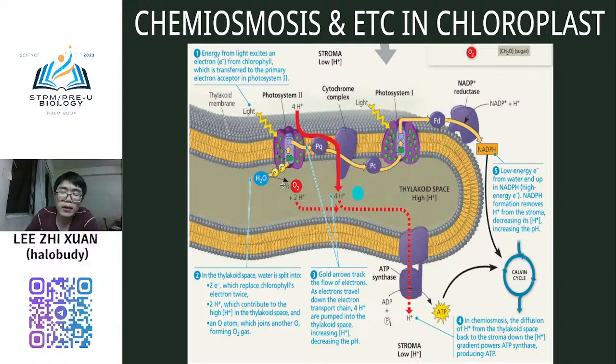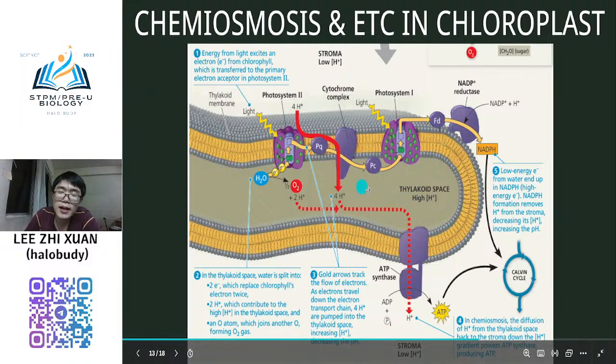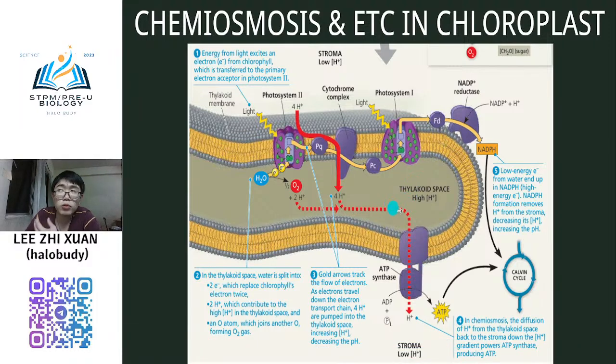The hydrogen ions are accumulated at the thylakoid, and it will produce the proton pump, meaning that the hydrogen ions can come from two sources: either from the photolysis of water or from the electron transport chain.